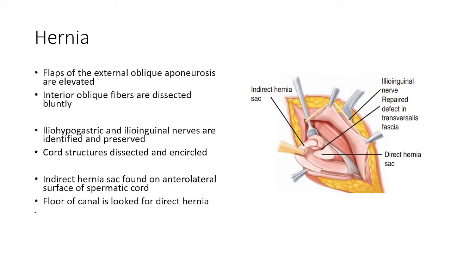If it is a direct hernia, it will be away, towards the medial side from the deep ring. This is the deep ring, this is the site of the direct hernia, and if it is an indirect hernia, it will be along the spermatic cord. So, we isolate and dissect the spermatic cord to find the sac of the indirect inguinal hernia.